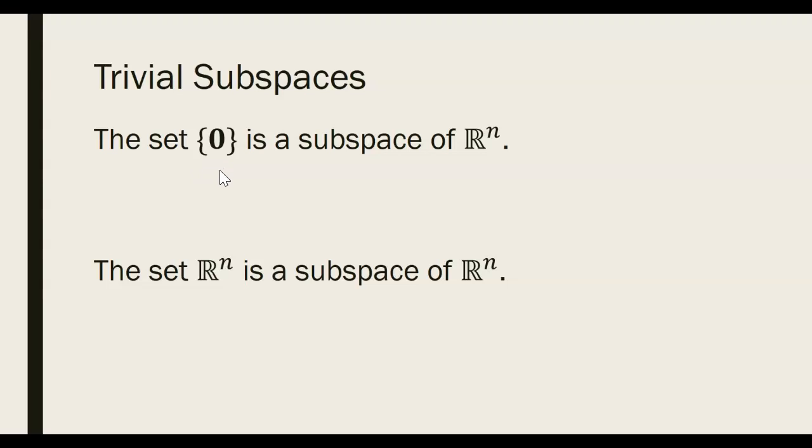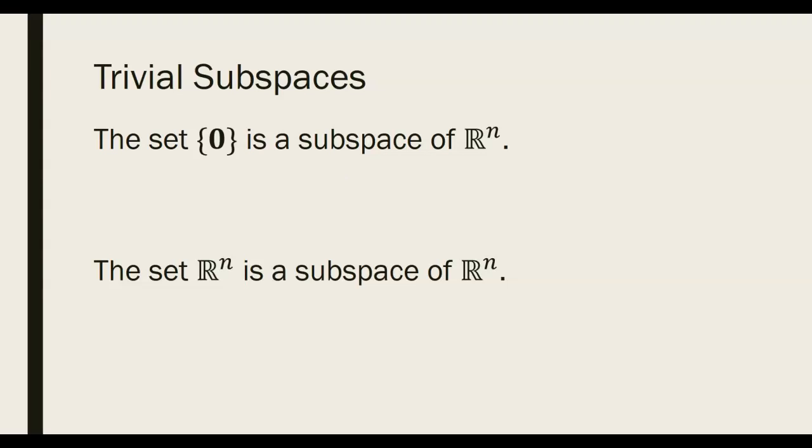So if you add 2 vectors from the set, that means you're adding 0 and 0, and you're getting back 0. So this is closed under addition. This has the 0 vector. And then any scalar times 0 is also 0. So scalar multiplication, anytime you try to multiply a scalar times 0, you get 0. So the set that only contains the 0 vector is a subspace, but it's what we call the trivial subspace.